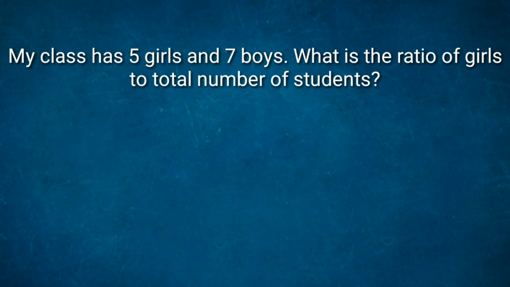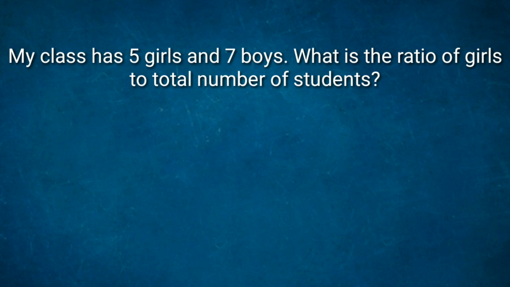Okay students, I will give you the last example. My class has 5 girls and 7 boys. What is the ratio of girls to total number of students? The question is girls to total number of students.